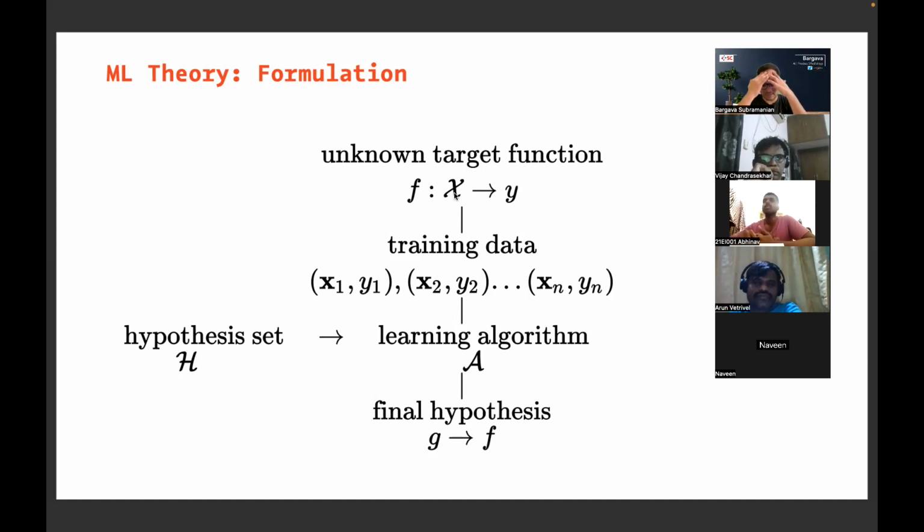Domain in statistics, people would have read what is domain in statistics. Abhinav, what is domain? Is it Bhargav, what we asked? What is domain in statistics?